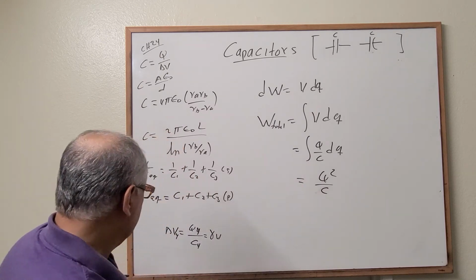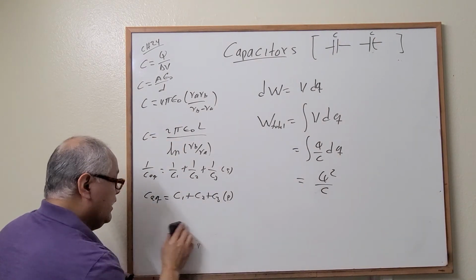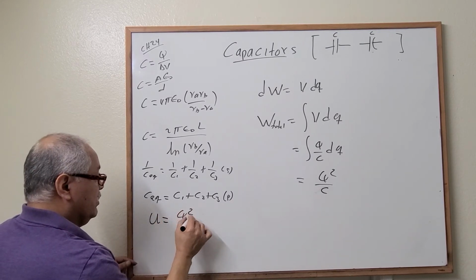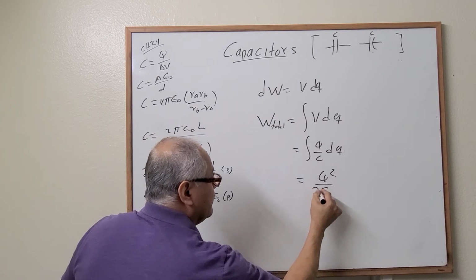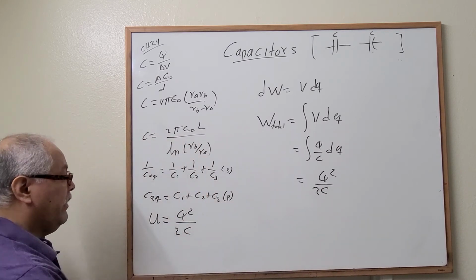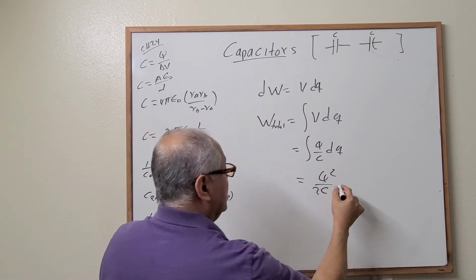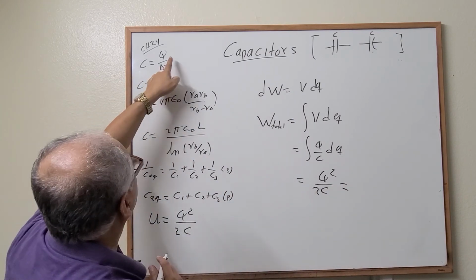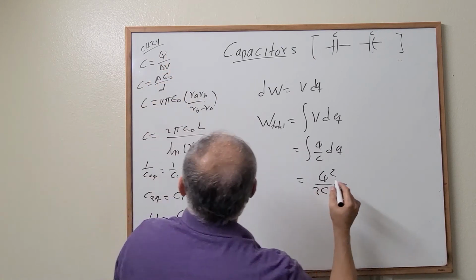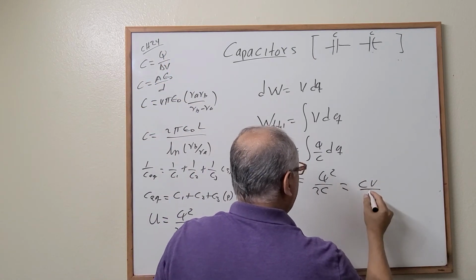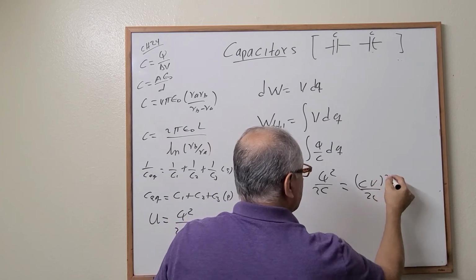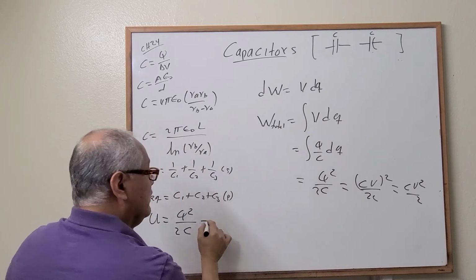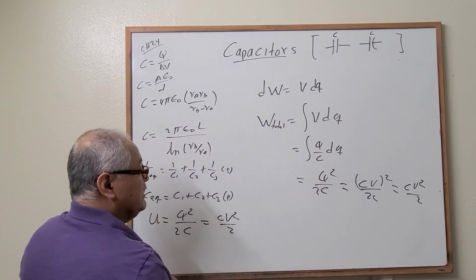So the energy stored by the capacitor equals the total charge squared divided by 2 times the capacitance. But also, if we use the formula and solve for charge, Q equals C times V, so the energy is C V squared divided by 2. So this equals C V squared divided by 2.